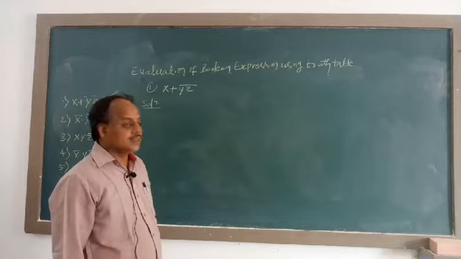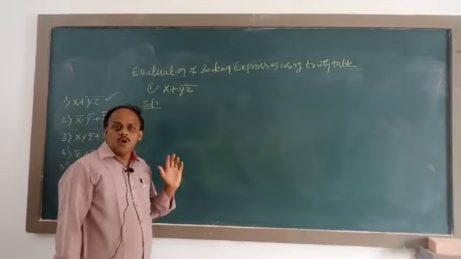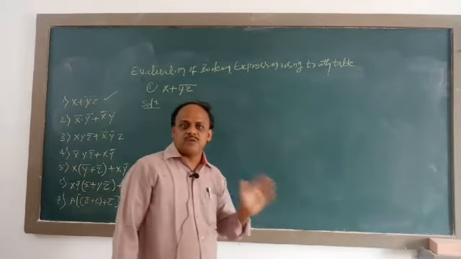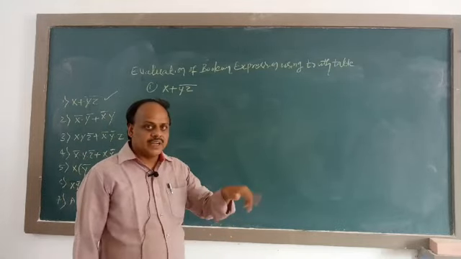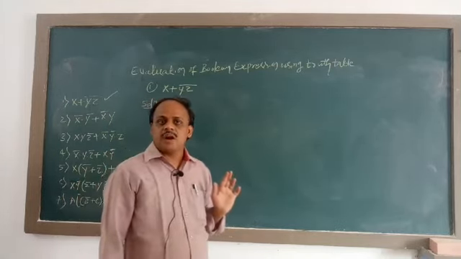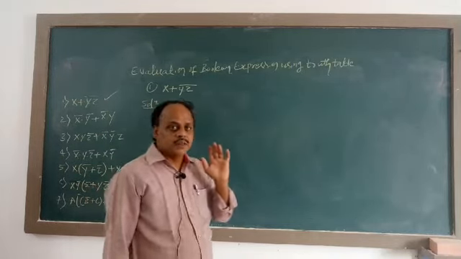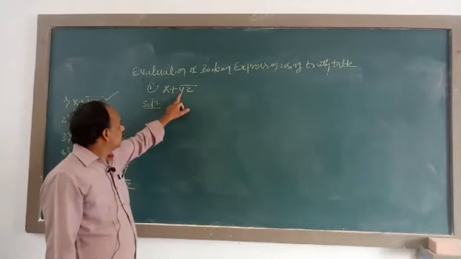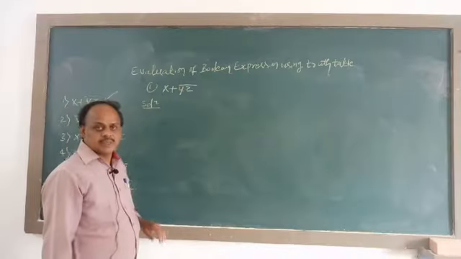First, in the given expression we have to find how many variables are there. That variable may be in complemented form or uncomplemented form; it is considered as one variable. Now see here, x is there, y is there, z is there. So 3 variables are there.